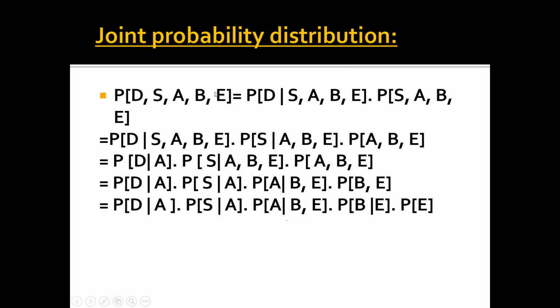Now how do we calculate it? You can see from this equation, this is the derivation for joint probability distribution. The first node, that is D, is written over the numerator, and in the denominator we are writing all the other nodes like D and then S, A, B, E. Similarly, we'll start with the next one, that is S. So we are writing P of S given the remaining, like A, B and E, because D is already in the numerator.